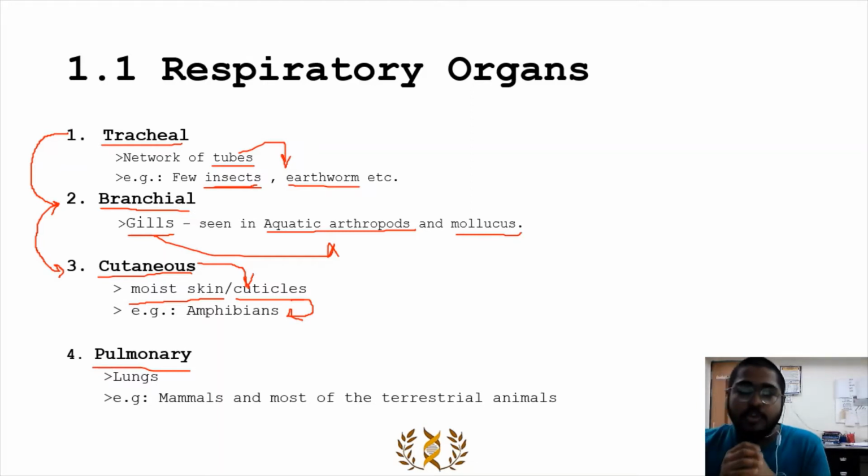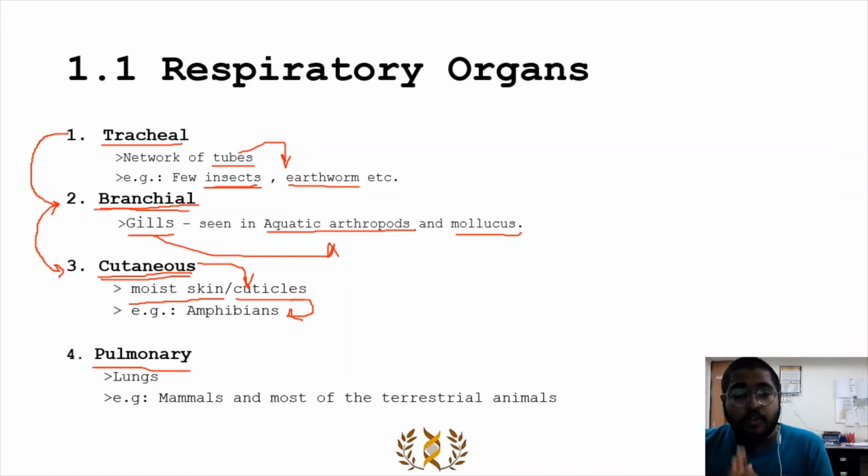One of the most important mistakes aspirants make is forgetting the order. They get confused whether gills are more advanced or the cuticles. Let me make it clear that the cuticles are a more advanced respiratory organ than the gills. So it is important to remember this total hierarchy of respiratory organs.